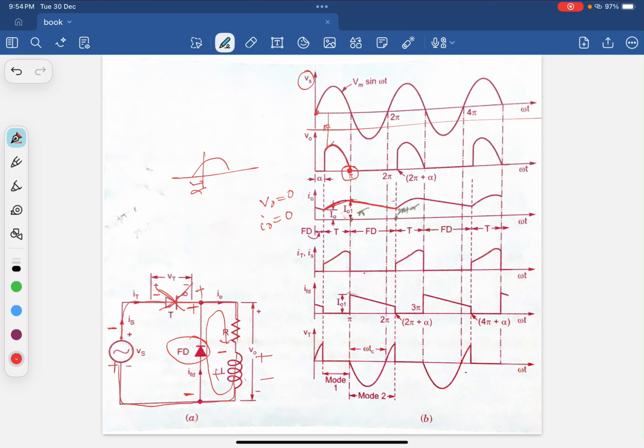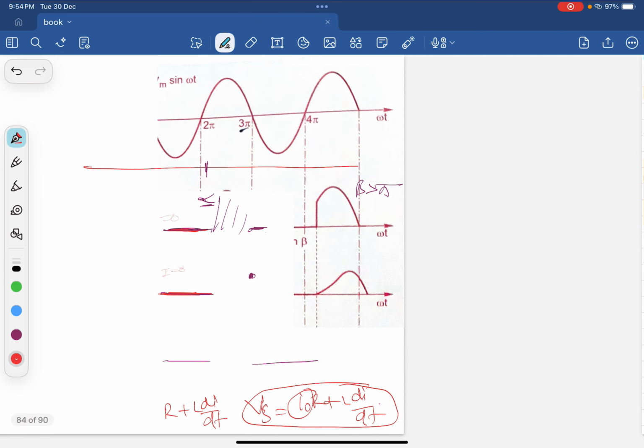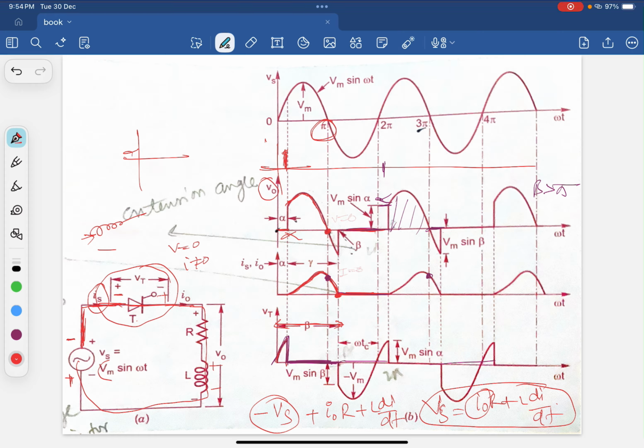At the instant of next triggering, with the delay angle of alpha, the thyristor again starts conduction, and the process repeats. As you can see, in the previous class the load current was 0 and it was not conducting in the reverse mode, because the thyristor is reverse biased and is not working.